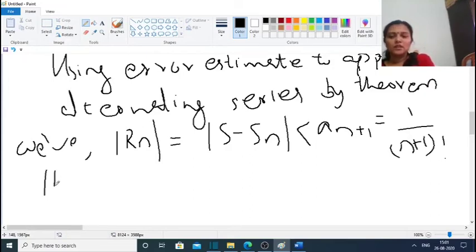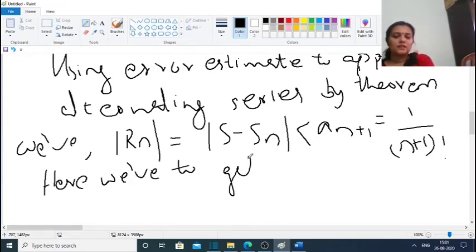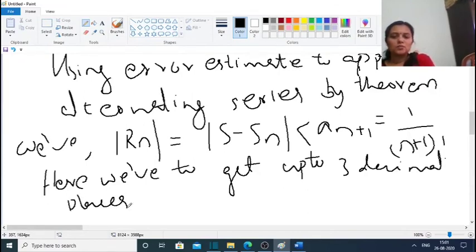Here we have to get up to 3 decimal places. So this modulus of Rn should be less than or equal to 0.0005.